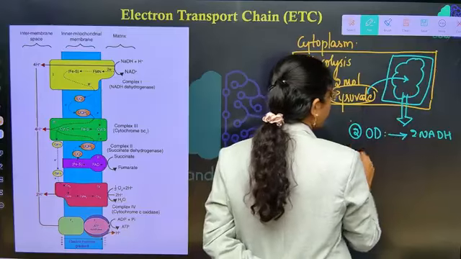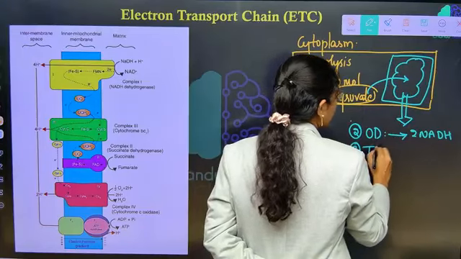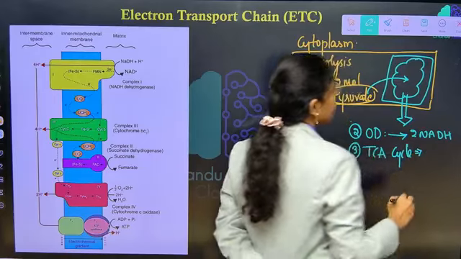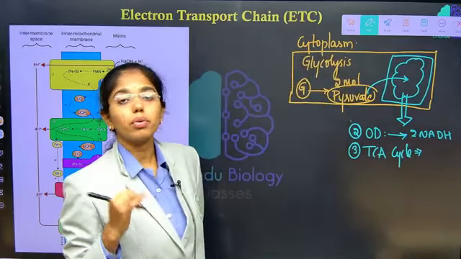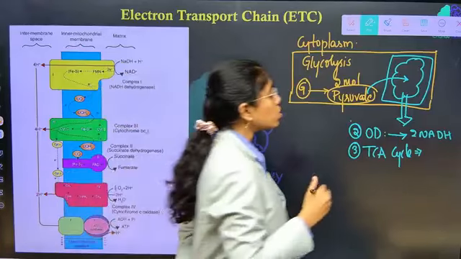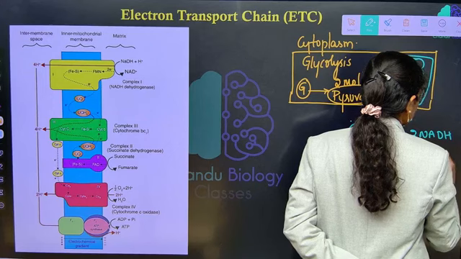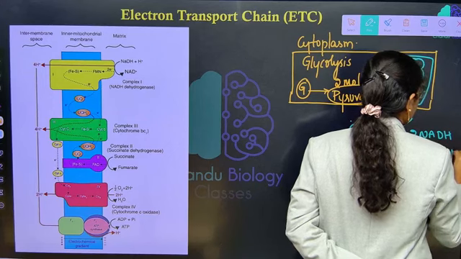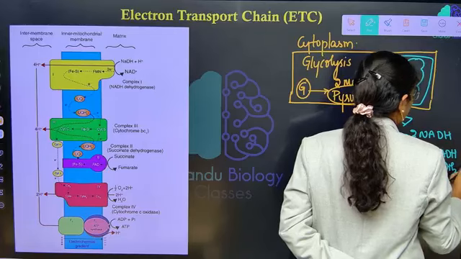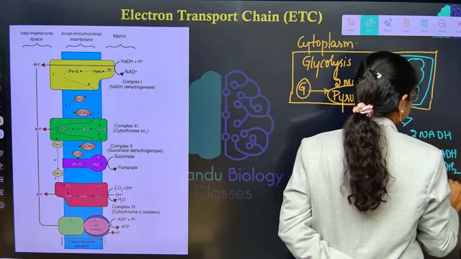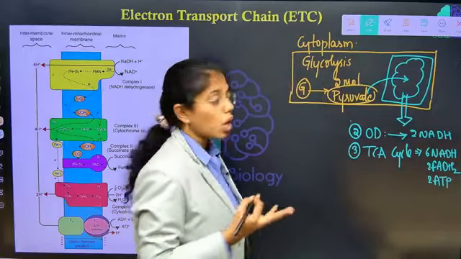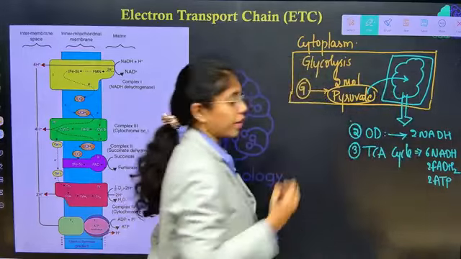Then inside the mitochondrial matrix itself, the TCA cycle or Krebs cycle takes place, wherein for one cycle it gives out 3 NADH, 1 FADH2 and 1 ATP, and for one glucose, 6 NADH, 2 FADH2 and 2 ATP. Clear, right? So here the mitochondrial matrix is rich with NADH and FADH2.